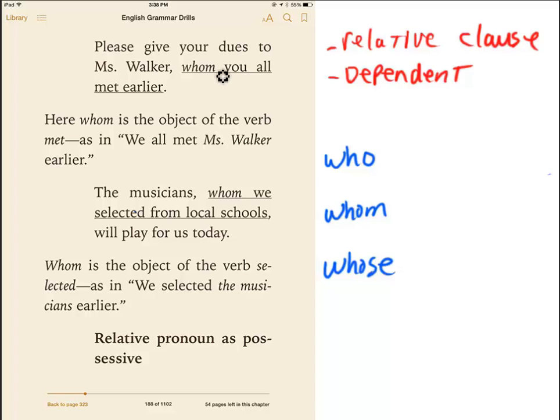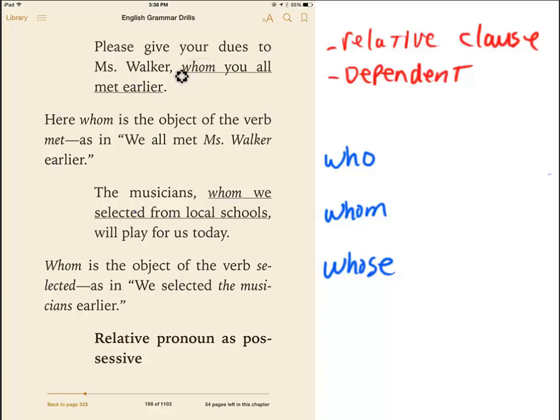Whom you all met. Now, we're going to use the object here because whom is receiving the action of being met. Whom did not meet anybody. Whom is being met. So Miss Walker, whom you all met earlier. Because it's receiving the action of being met, it's the object.